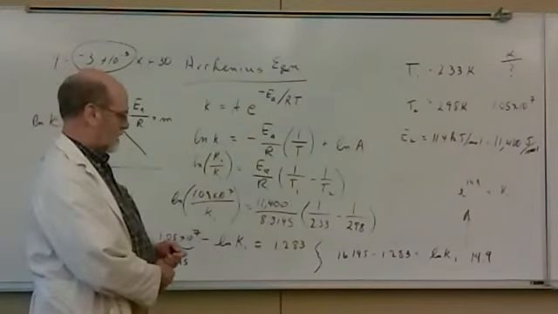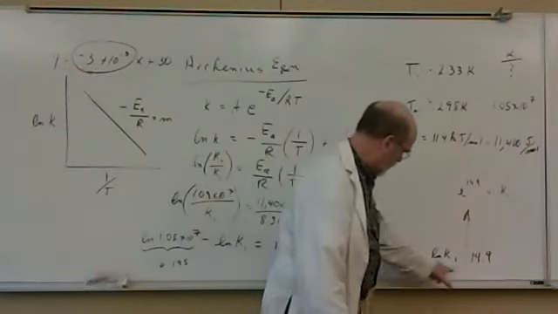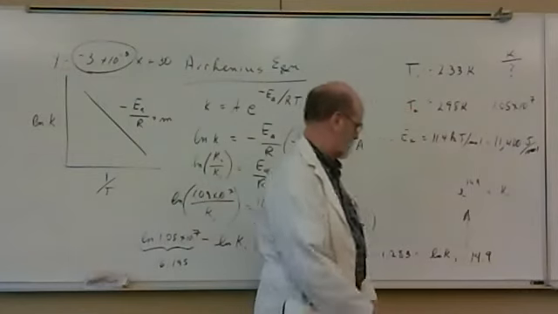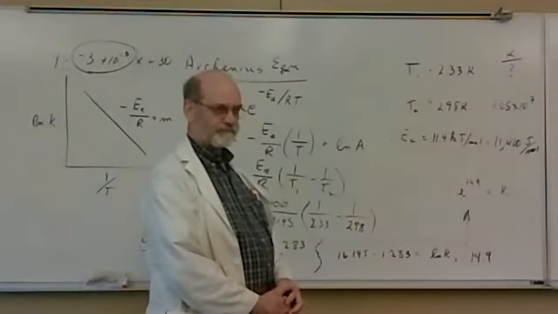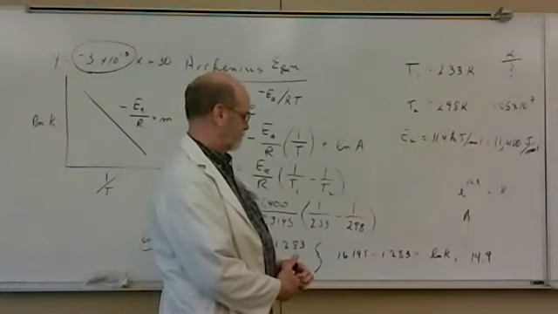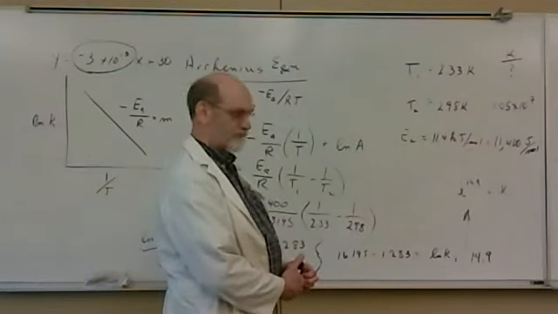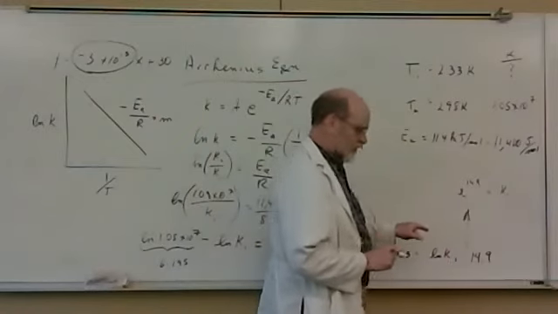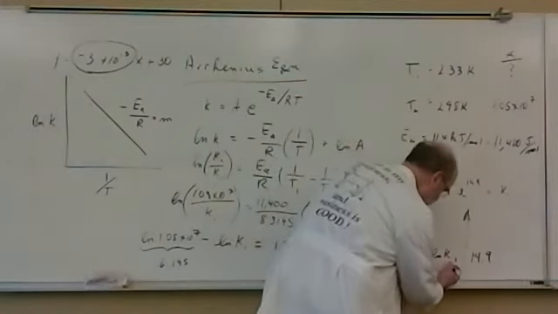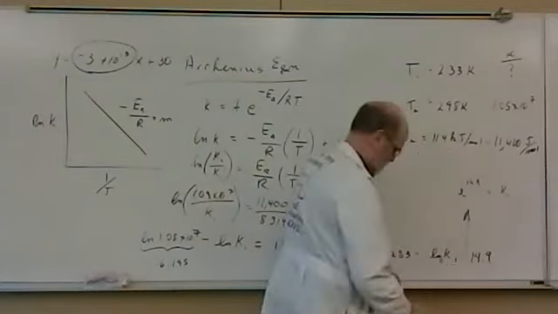And then I just subtracted these two and I got that value, 14.9. So the log of K1 equals 14.9. Now, you have to consider, what does log mean? It means this is base e.